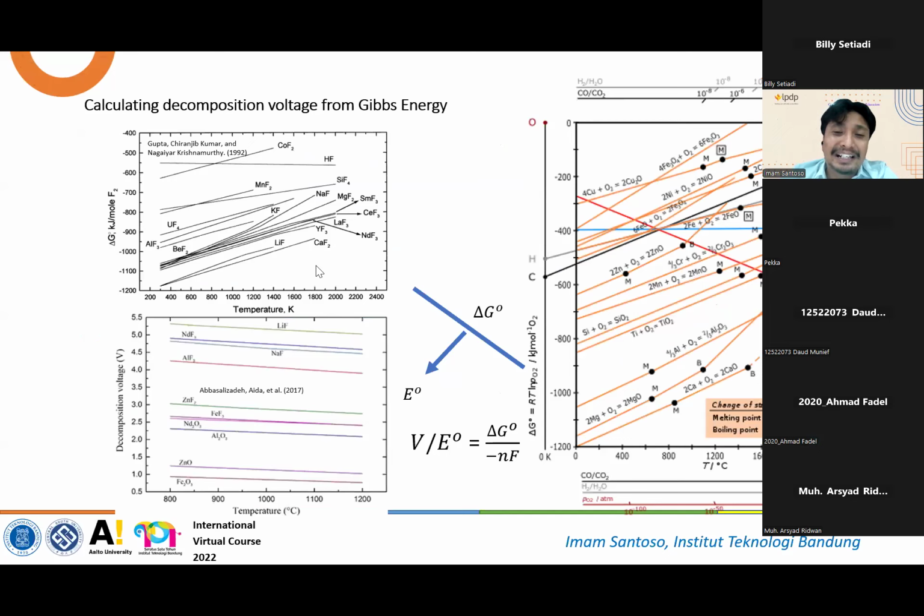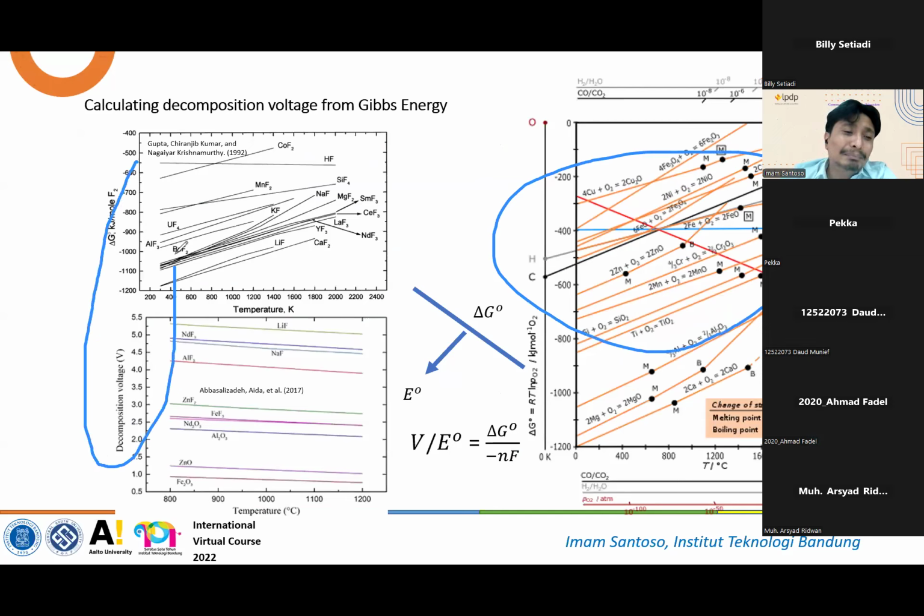You can see here, the right side is the Ellingham diagram, and the left side is the potential diagram.